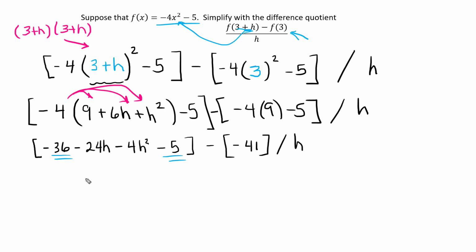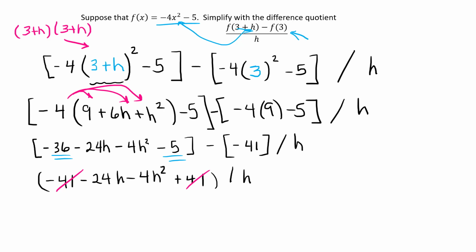So over here, I'm going to have a -41 minus 24h minus 4h squared, and a negative and a negative plus 41. This is the big thing that will always happen. The numbers, anything that does not involve an h, will cancel. If that does not happen, you made a mistake somewhere in your algebra, and you need to go back and redo it.